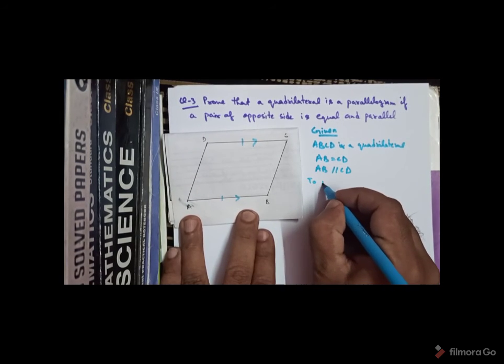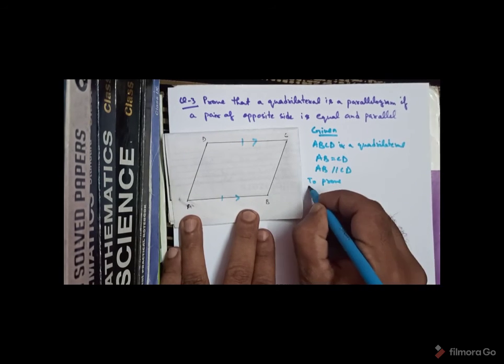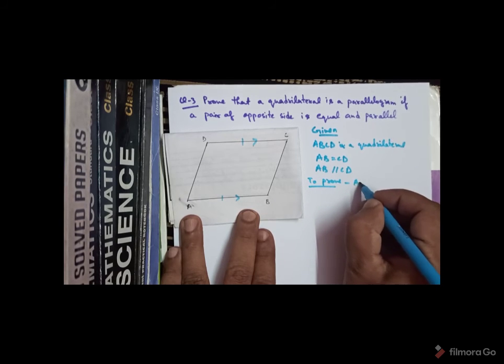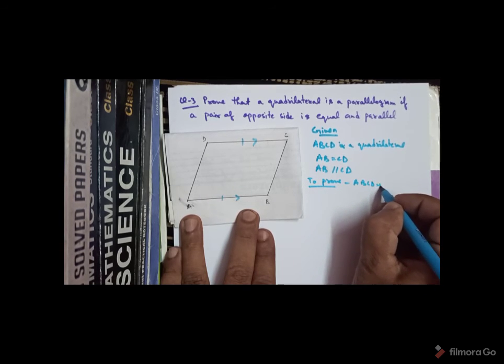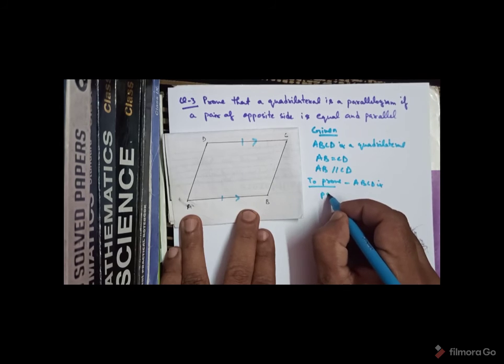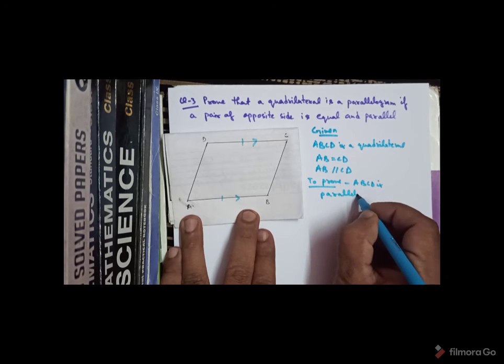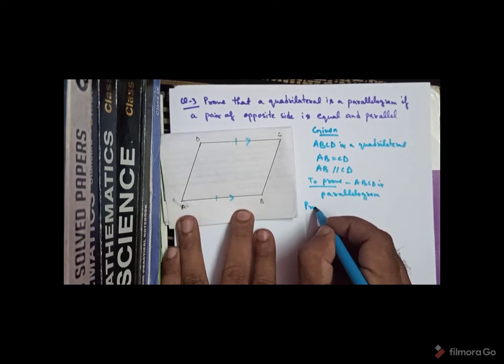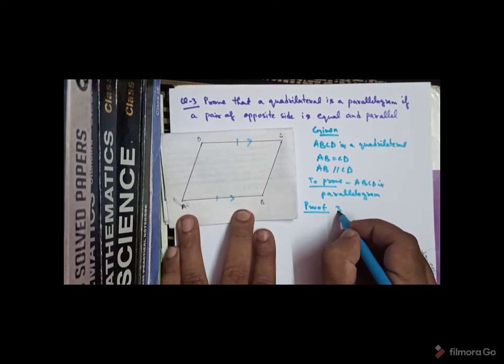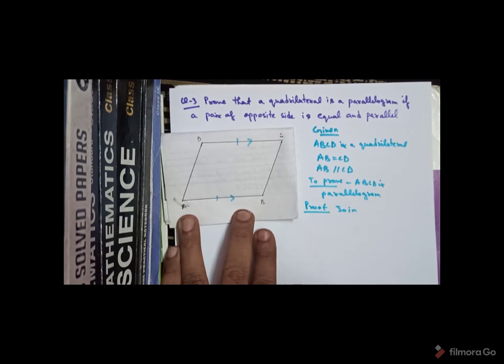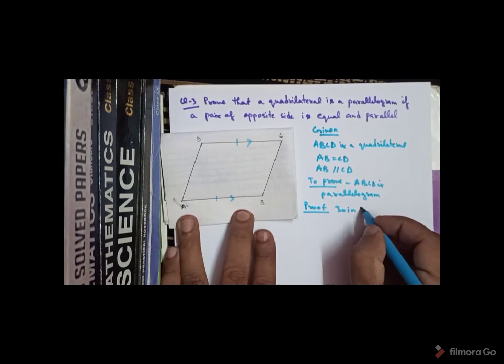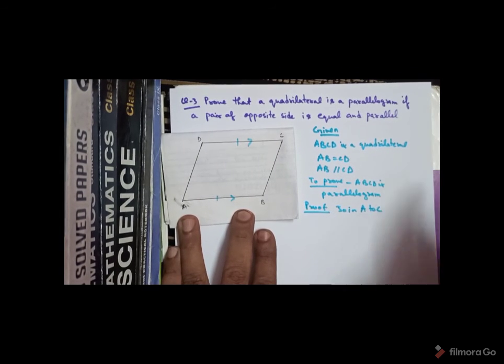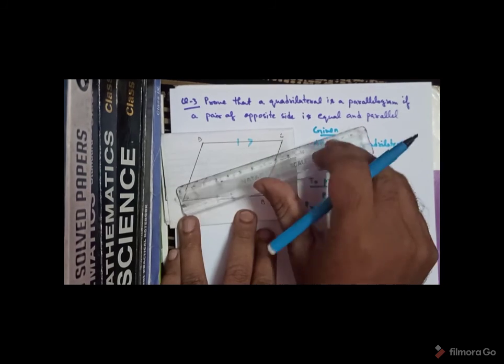We need to prove that ABCD is a parallelogram. Okay, so first of all we will join any one diagonal. Say we join A to C.